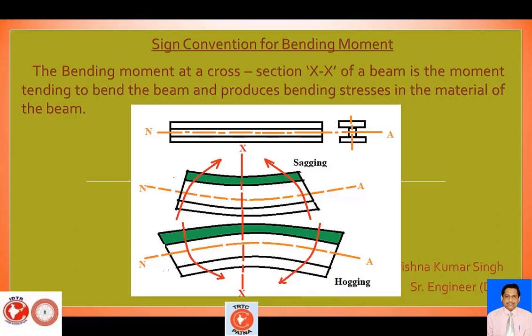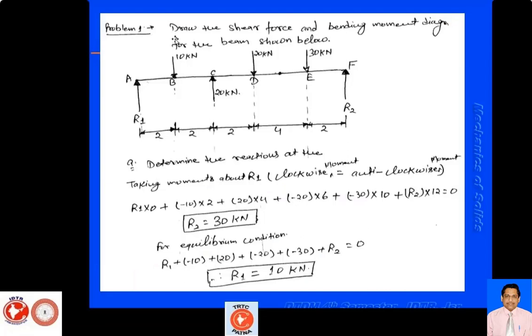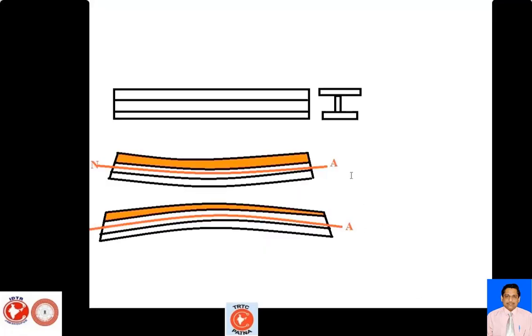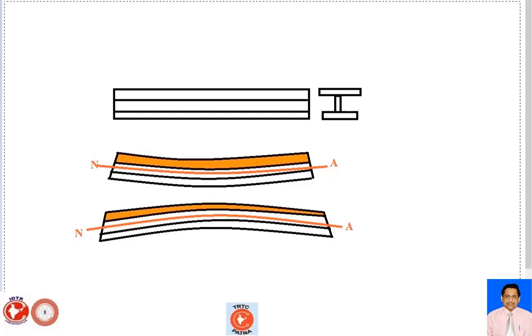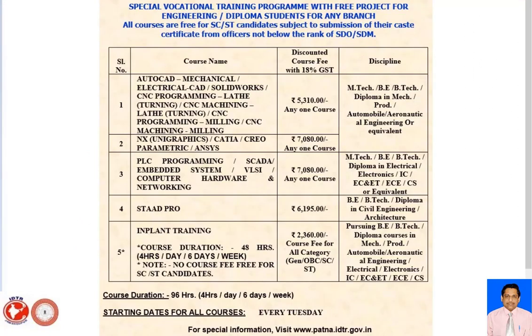The next topic is how to solve. So I am going to take the problem: draw the shear force and bending moment diagram for the beam. How to proceed, and how do you draw the shear force diagram and bending moment diagram of this problem? So now, first of all, you have to draw here.